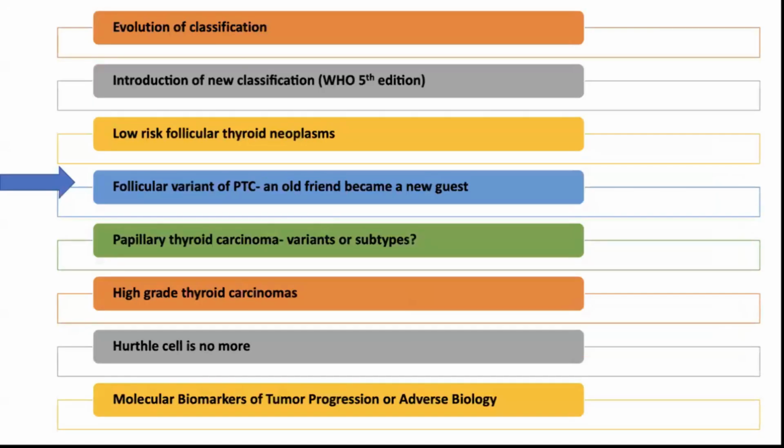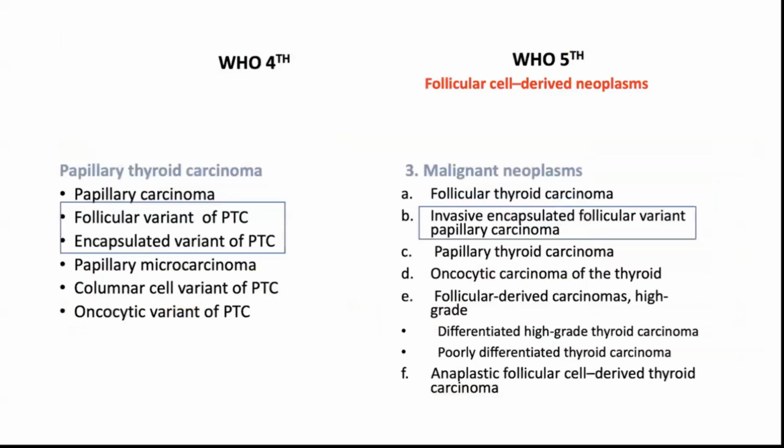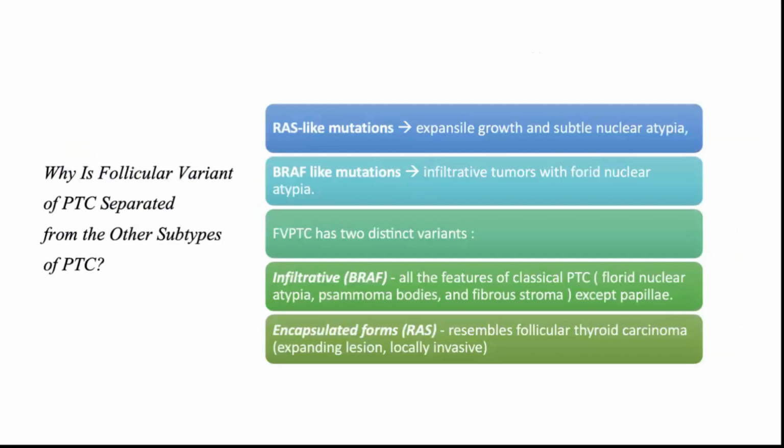So going on to follicular variant of PTC, it is an old friend who has become a new guest now in the malignant neoplasms of the fifth WHO classification. We already knew that there was follicular variant of PTC and encapsulated variant of PTC. Now what they have done is this follicular variant of PTC has been separated out of the other subtypes or variants of PTC because it is found that RAS-like mutations, when present, will have expansile growth and subtle nuclear features.